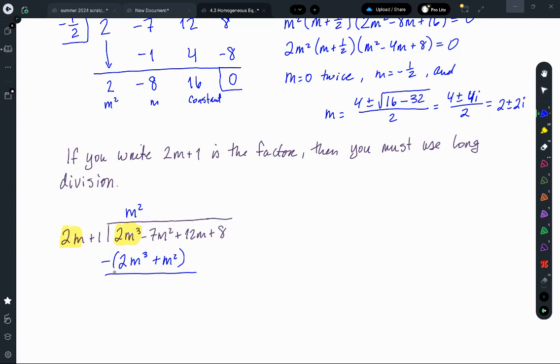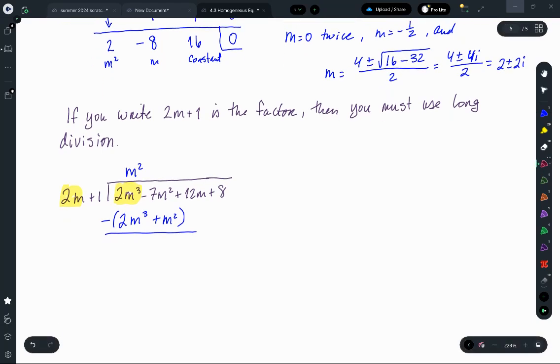Okay, so it really is the above polynomial minus the one I just wrote. So 2m cubed minus 2m cubed, that just leaves me 0m cubes. So I'm done with those. A minus 7m squared minus m squared gives me negative 8m squared. I bring down the plus 12m and the plus 8.